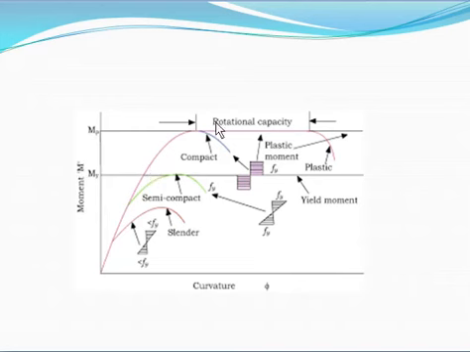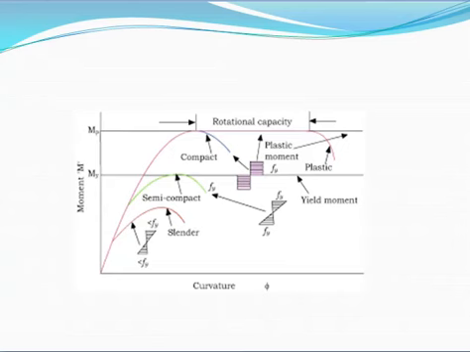So by using the plastic analysis we can achieve more moment resisting capacity of the section, and this happens due to the increase in rotational capacity due to plastic hinges. Due to that we get the additional moment resisting capacity, and that moment is called the plastic moment. Can you get the difference between the elastic analysis and plastic analysis?